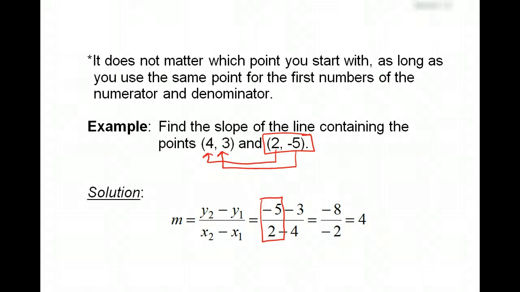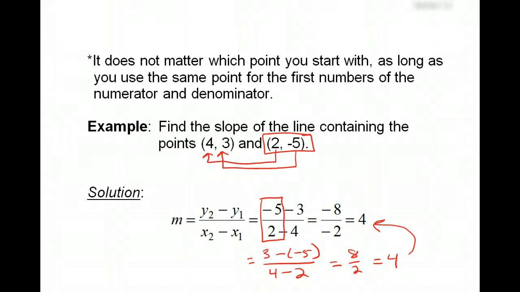Well, if I had subtracted the other way and taken 3 minus -5 over 4 minus 2, I would have gotten 8 over 2, which is 4. Same thing as I got here. So it doesn't matter which order you subtract, you should still get the same slope.